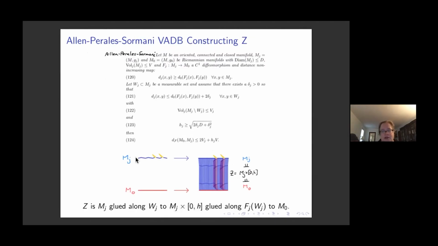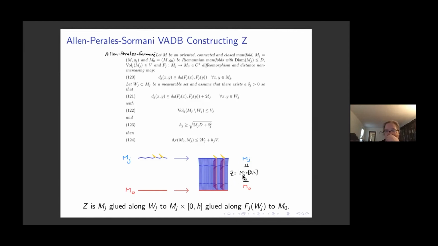Okay, so this is the justification for this statement we have here. Once we can manage this, we prove that this is distance preserving, then our flat distance from M0 to MJ is going to be our B that we're going to fill it in with, this vertical part.